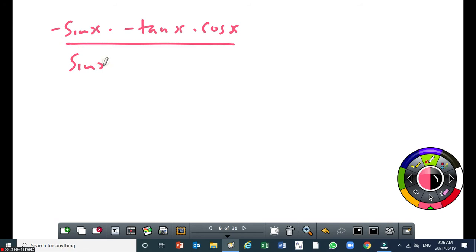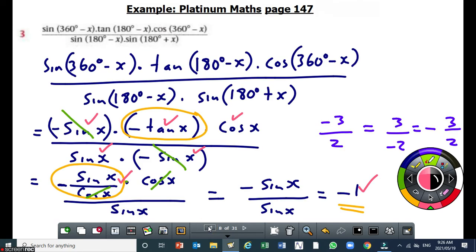So we could say minus sine x times minus tan x times cos x, all over sine x. Here we have minus sine x.